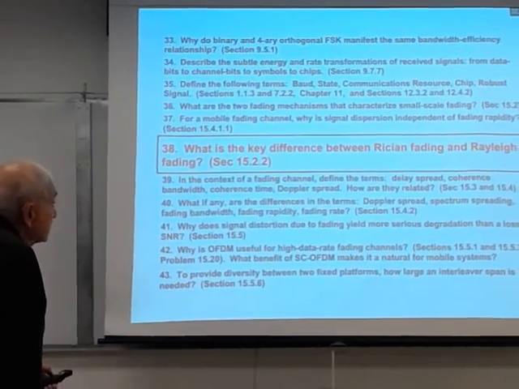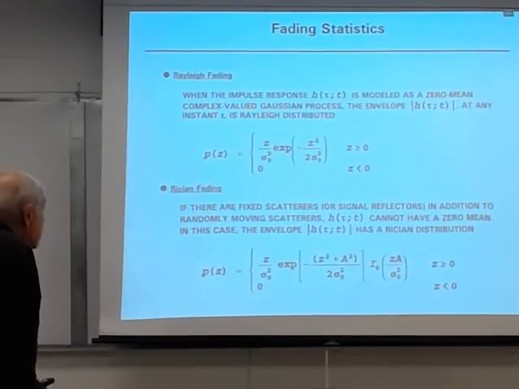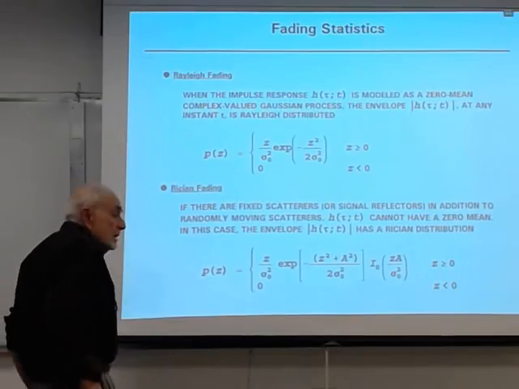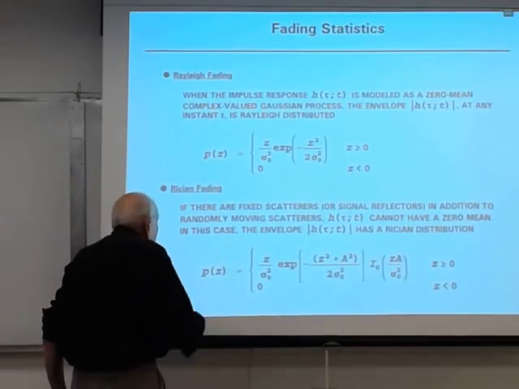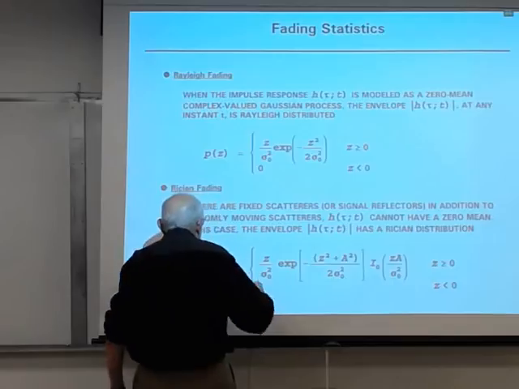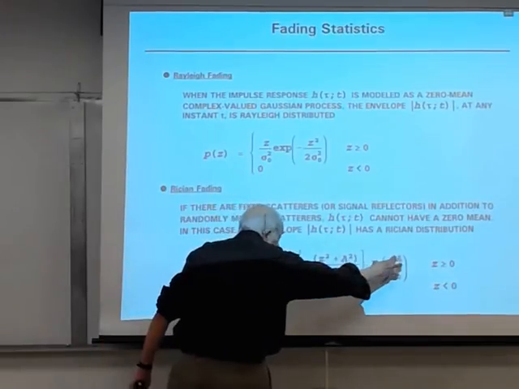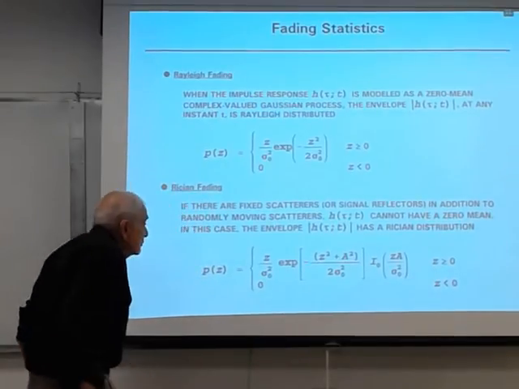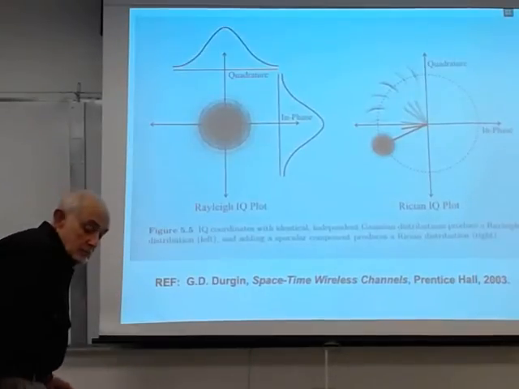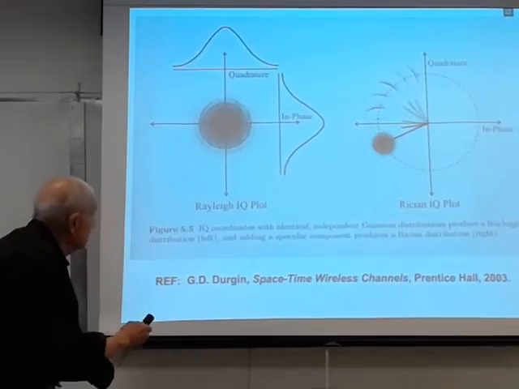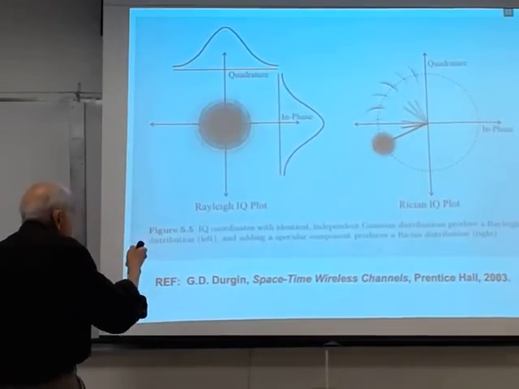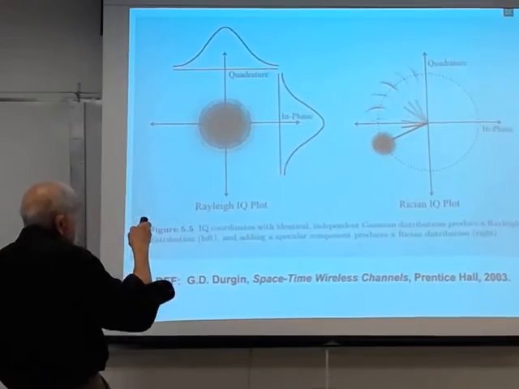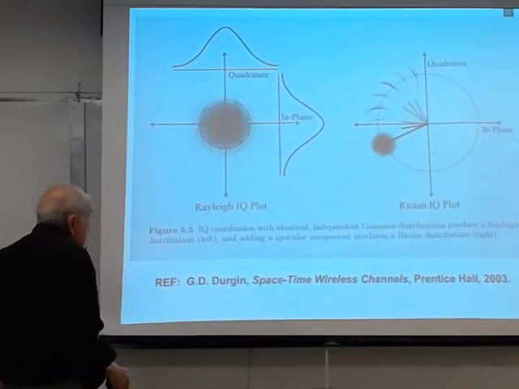And the key difference between Ricean and Rayleigh is that Rayleigh is the worst case. It doesn't have any line of sight component. With Ricean fading, this Bessel function times this line of sight component makes... I don't want to dwell on mathematics, but what it's telling you is that the Rayleigh goes from 0 and blooms out and blooms back down to 0.